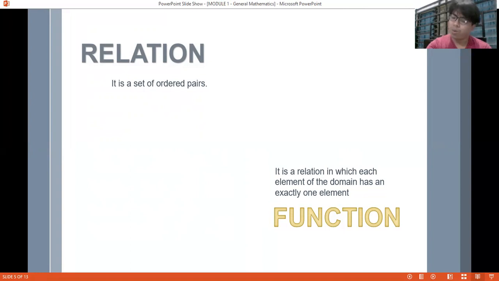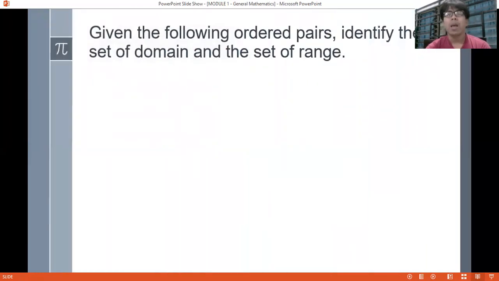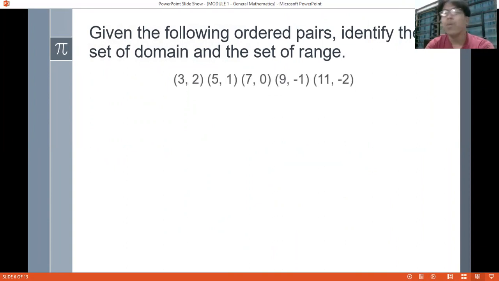How? So we'll see. Okay, so given the following ordered pairs, identify the set of domain and the set of range. I know that you are familiar with the domain and the range. So now let us continue. We have the set of ordered pairs (3, 2), (5, 1), (7, 0), (9, -1), and also (11, -2).